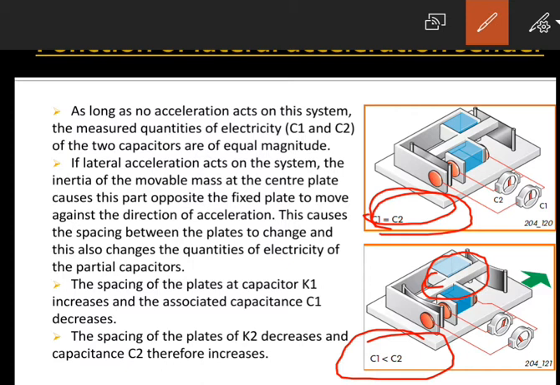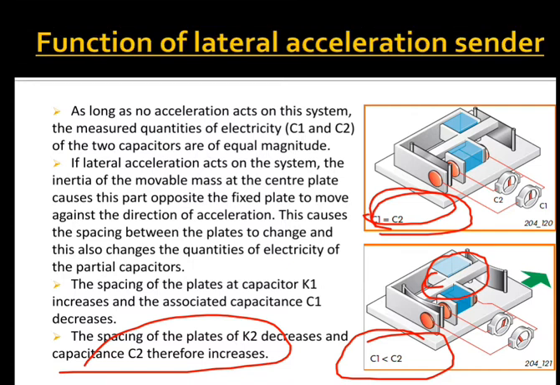Due to this, the plate spacing of capacitor K2 decreases and capacitance C2 therefore increases. By this, electric signals are sent to our ABS control unit, which takes feedback from this lateral acceleration sensor.